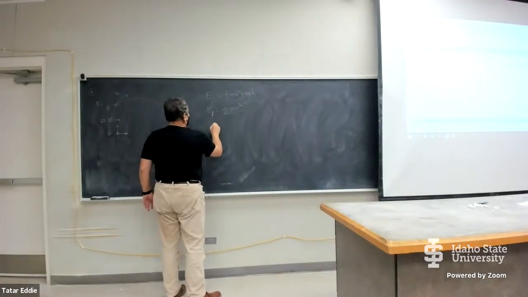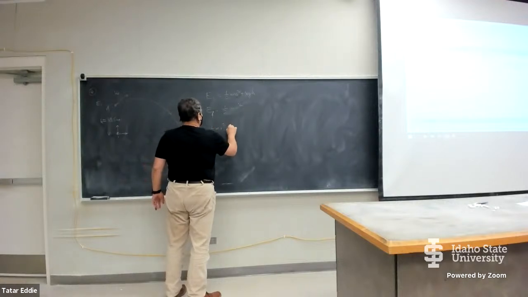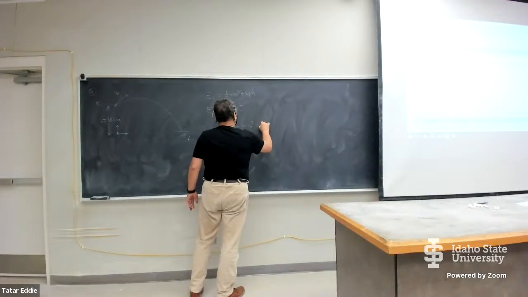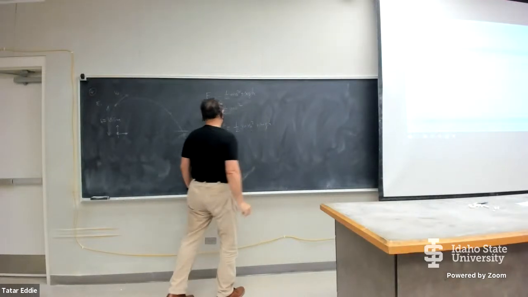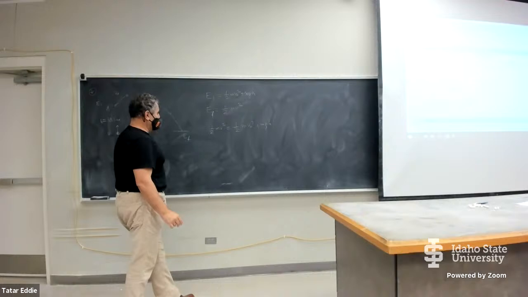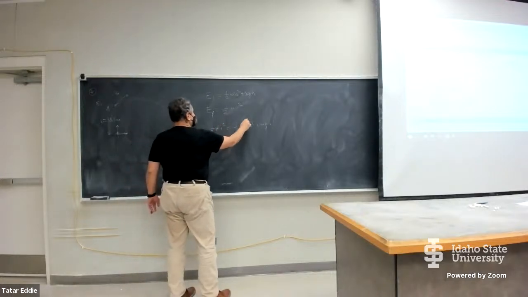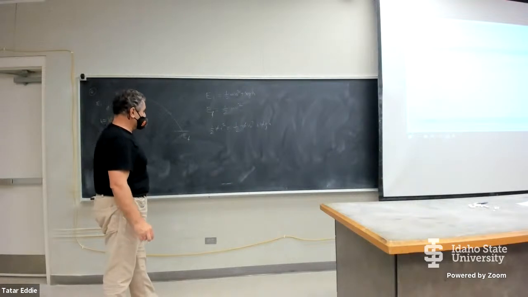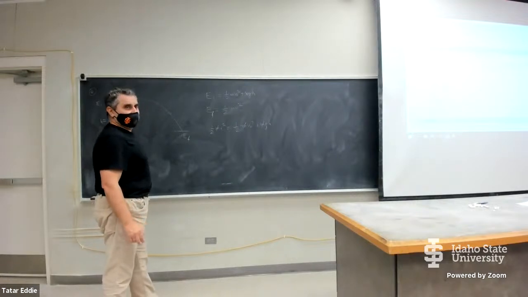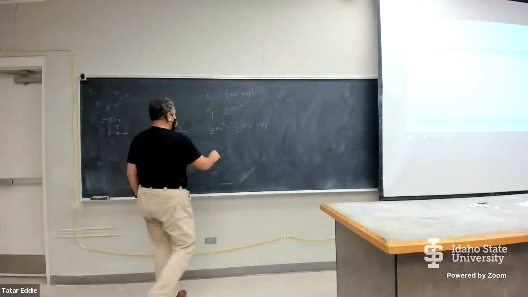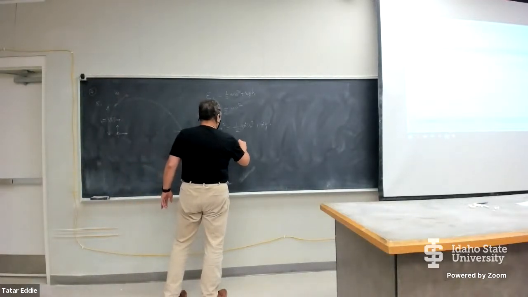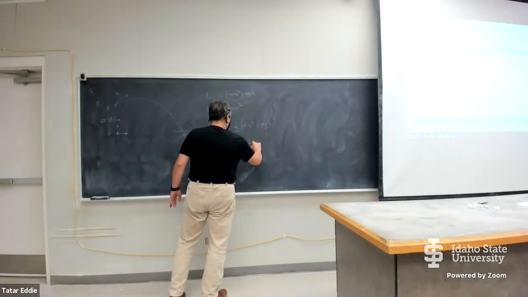So you have 1/2 m v final squared has to be equal to 1/2 m v naught squared plus mgh. And that's it. So you can cancel the mass of the pebble everywhere. It's away. Multiply by 2, take square root, and you get, okay, v squared is equal to v naught squared plus 2gh.